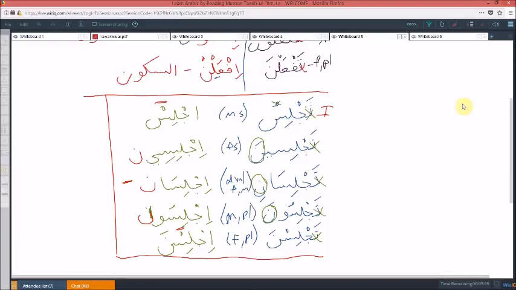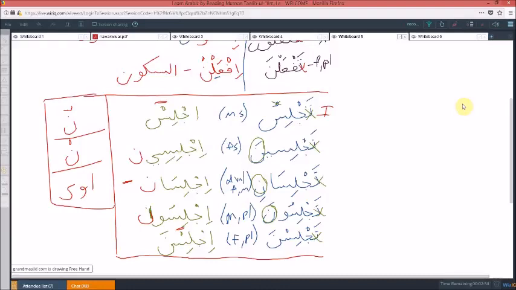The issue now becomes with the noon at-tawkid at-thaqila, with the noon at-tawkid al-khafifa, and when a harf illa is the last letter of the verb. Then those will be our exceptions. Other than that, we'll know ijlis is always with the sukoon, ijlisi always drops the noon, ijlisa always drops the noon, ijlisu always drops the noon, and ijlisna is always with a sukoon. We'll know that, and it's easy.